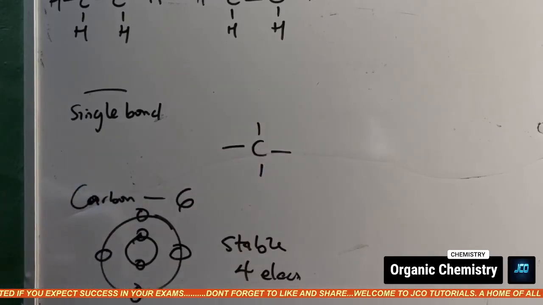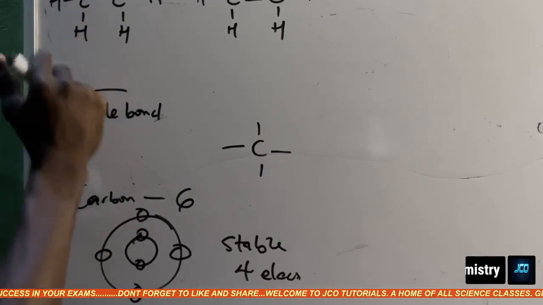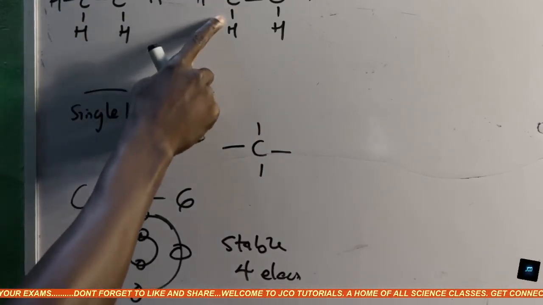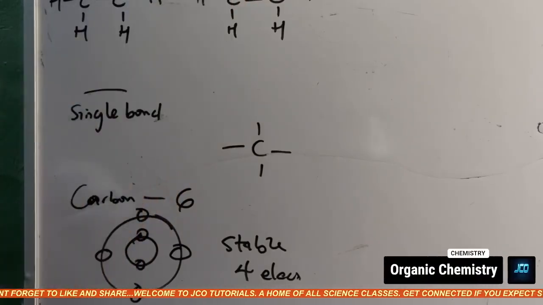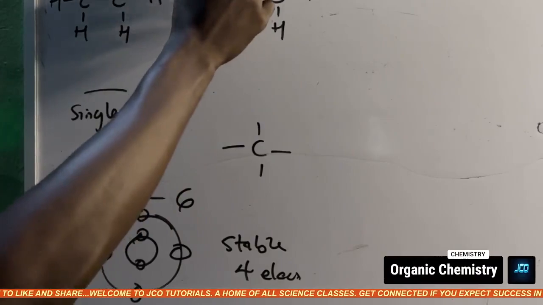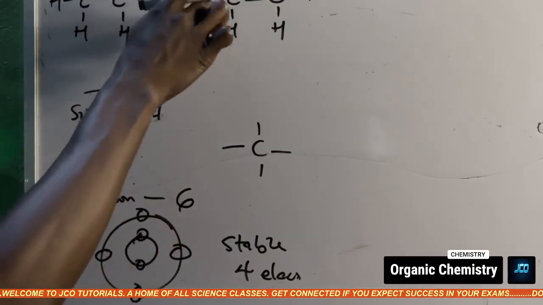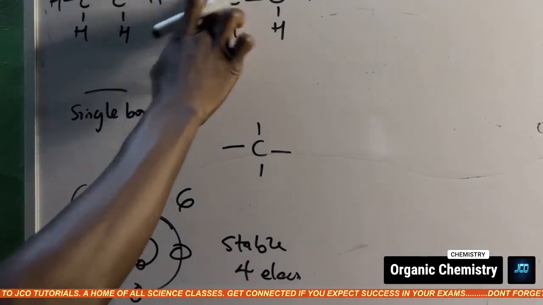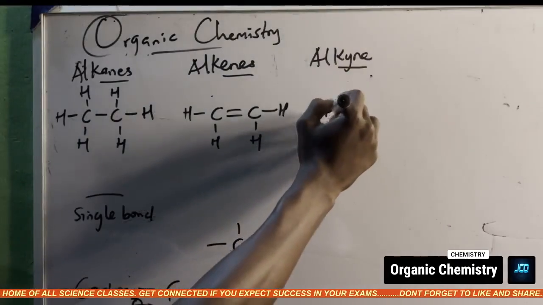If you check carefully, the carbon here has 1, 2, 3, 4. Whereas the carbon here has 1, 2, and these 2 lines, 3, 4. So that's complete. That's why there's no more hydrogen here. By the time you put a hydrogen here, it's going to be wrong, because it's going to be carbon with 1, 2, 3, 4, 5, which is very wrong. We come here now to the alkyne.